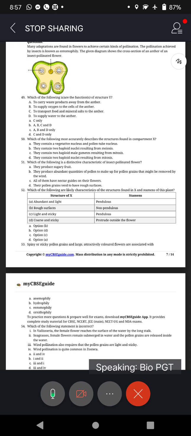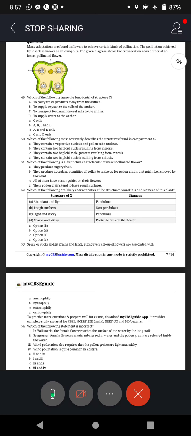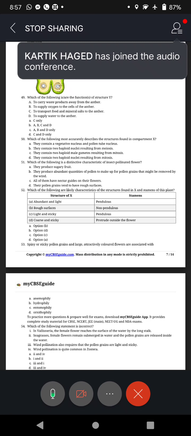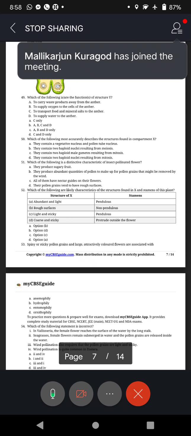Question number 53. Answer is C, entomophily. Entomophily is a type of pollination that takes place by insects. The entomophilous flowers are brightly colored and fragrant to attract insects.